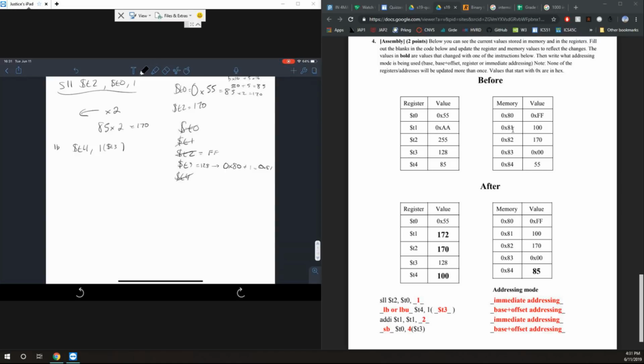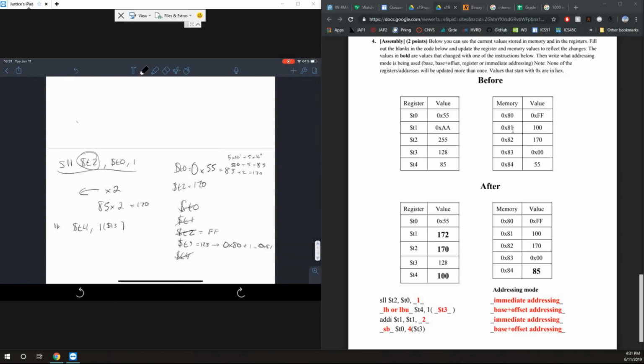For SLL, the SLL is just shift left logical. Excuse me. So you're storing it into T2. You're taking T0, the value in T0, and you're shifting it left by 1, and you're storing that into T2.